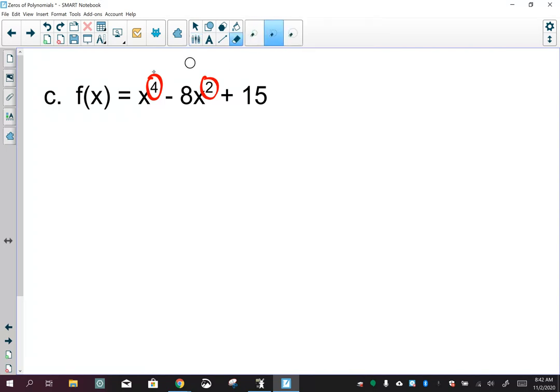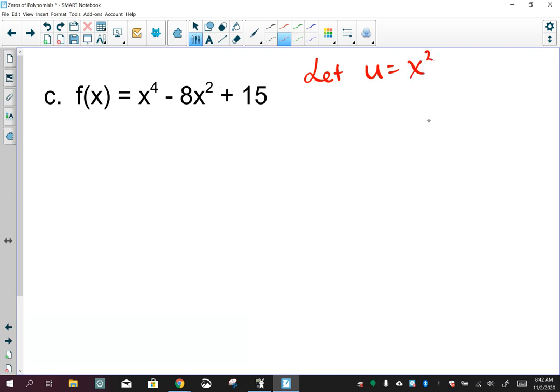You're going to let u equal your middle variable, in this case x squared, which means that if I square u, and I also square x squared, I get x to the 4th. Because what we're going to do here is force a quadratic, because we can do that.